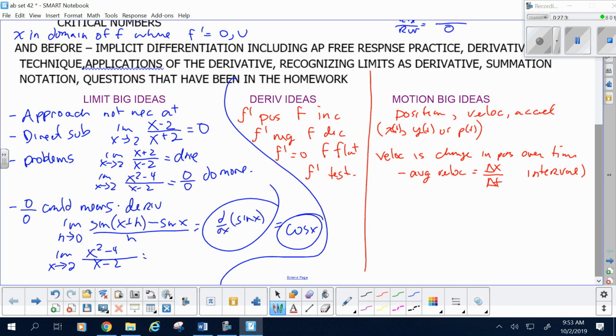Think secant slope, or slope over a region. You with me? But in a calculus sense, instantaneous velocity, instead of delta x over delta t, we think dx dt, or velocity is the derivative of position. Okay? Okay.